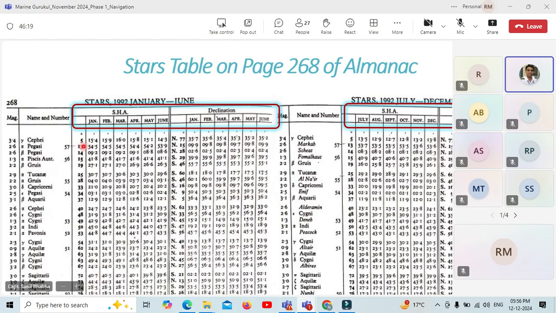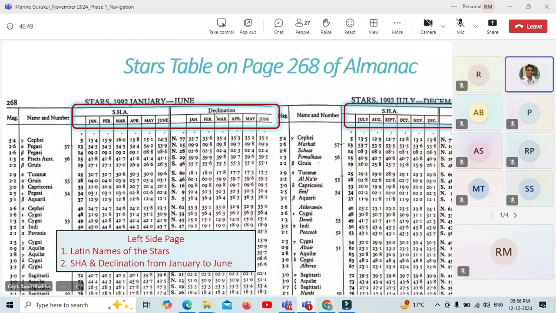The first star you see is 5 degree SHA, the next one 13, 14, 15, and so on. So if you want to identify or pick up a star from its SHA value, this table is very convenient to use. You can enter the SHA value column, and whichever SHA value you require, you can identify that particular star from this table.